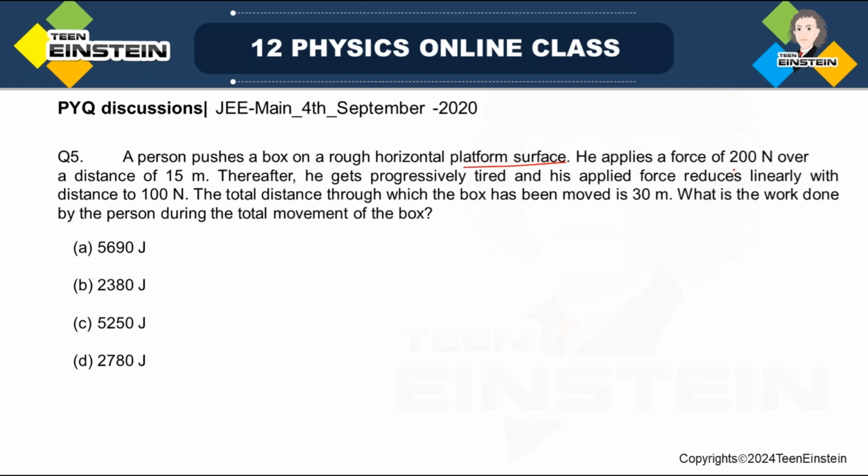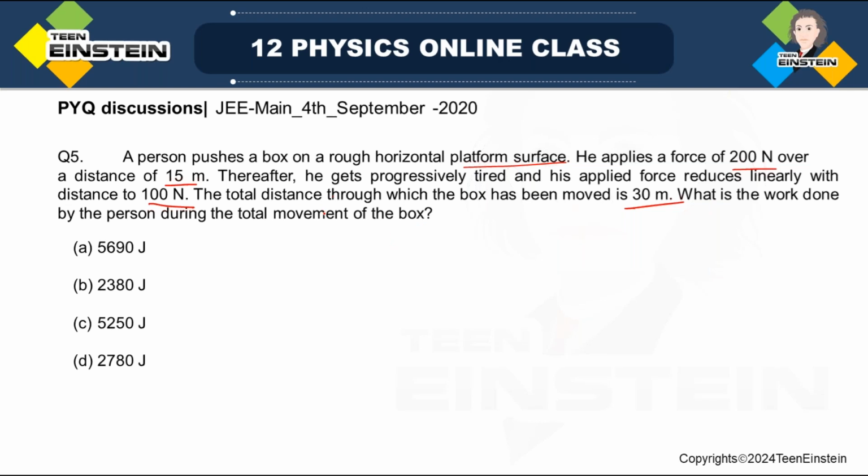He applies a force of 200 Newton over a distance of 15 meters. Thereafter, he gets progressively tired, and his applied force reduces linearly with the distance to 100 Newton. The total distance through which the box has been moved is 30 meters. Then what is the work done by the person during the total movement of the box?